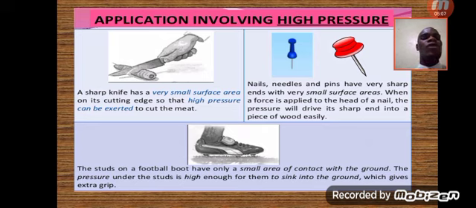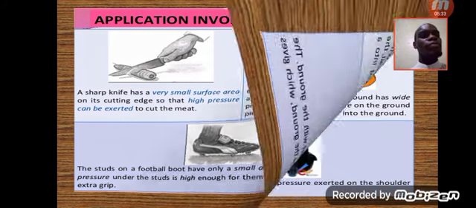When you look at football shoes, they have what you might call teeth, but they are called studs. These studs are very small so as to create a small area which makes the pressure big, making it easier for them to sink into the ground, more so during the rainy season. That's why the footballers are able to keep steady.